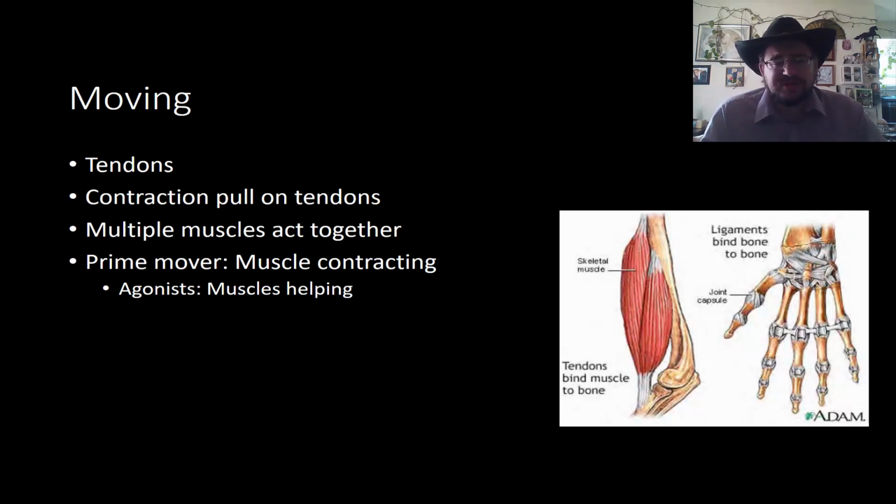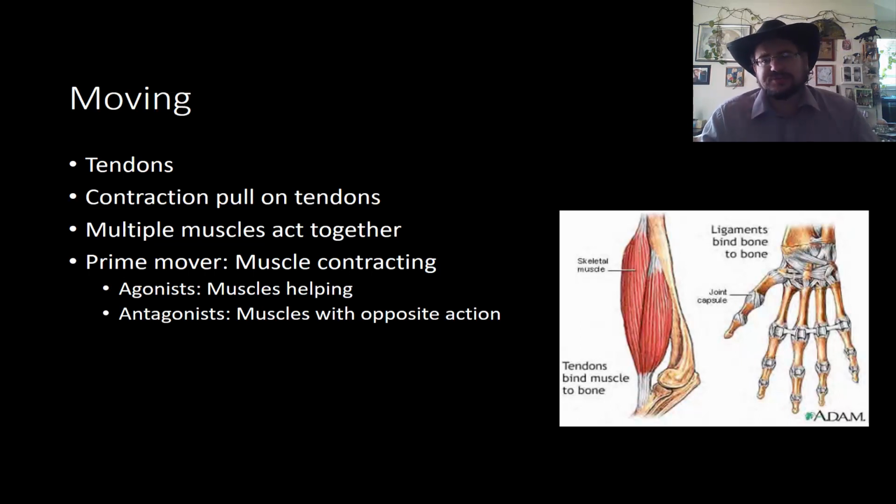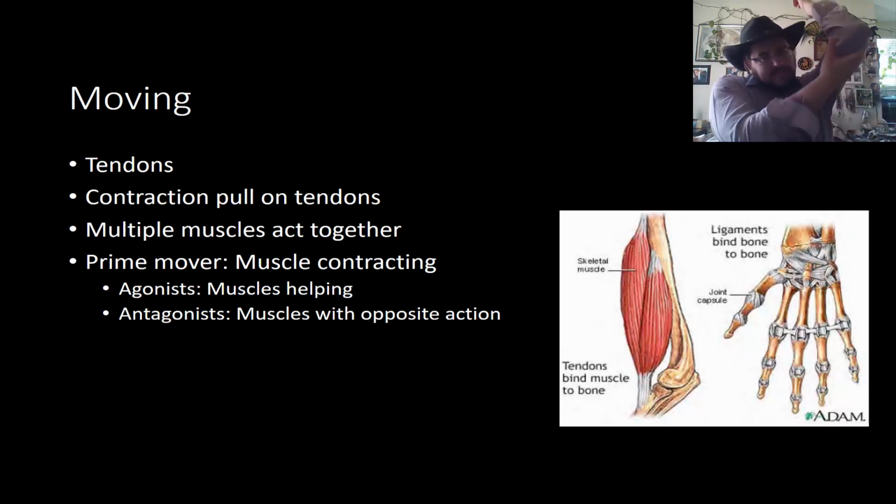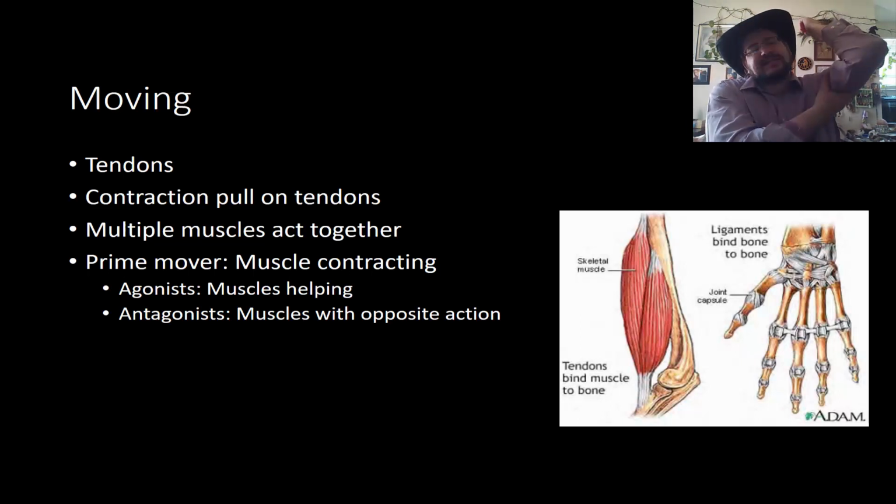So it's all sort of point of view with which muscle you're referring to. The prime mover is the muscle you're talking about, and its contraction, and the agonists are muscles that help that contraction. Antagonists are muscles with the opposite action, right? So if you think we have bicep and brachialis here causing flexion, what muscle is along here? That's right, the tricep.